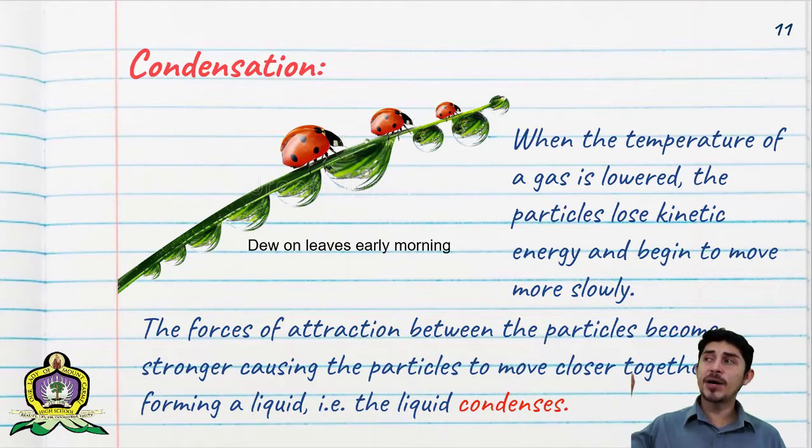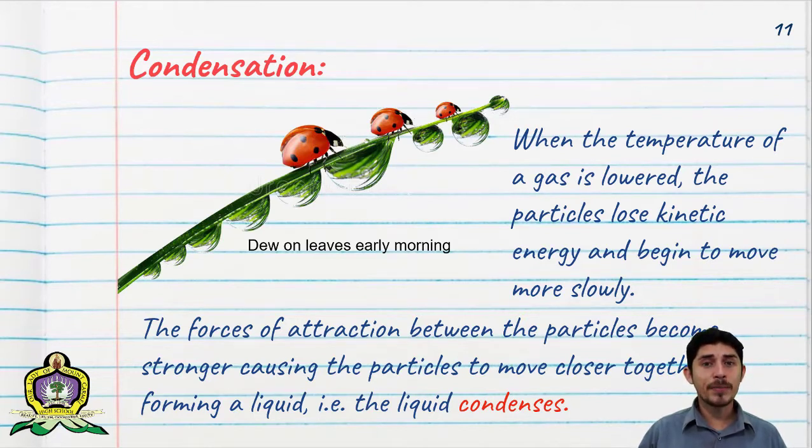So we have particles of water flying off in the atmosphere, and when they come together and they start joining with each other, they form water droplets that we know as dew. Early in the morning, you can see on the grass little drops of water forming, as you can see on the picture. The process by which this happened is known as condensation.